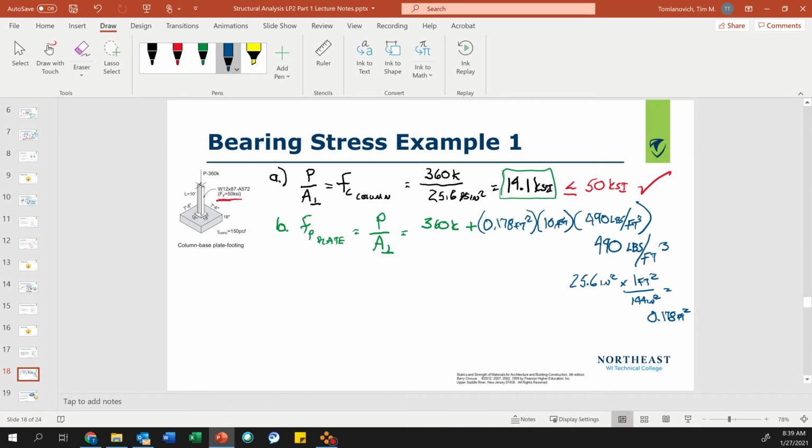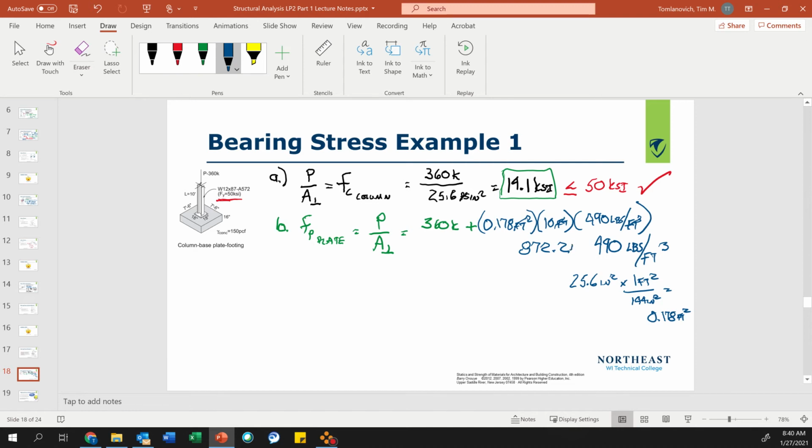So all of these get canceled out. So if we take 0.178 times 10 times 490, that thing weighs 872.2 pounds. So this is 872.2 pounds.